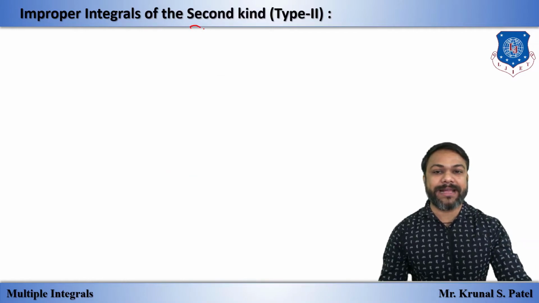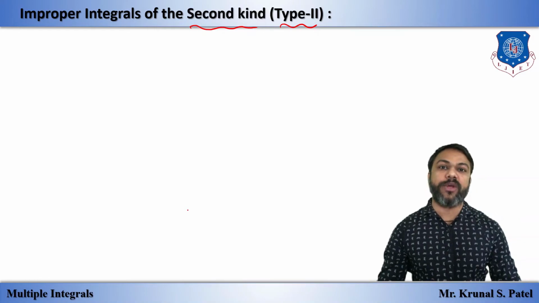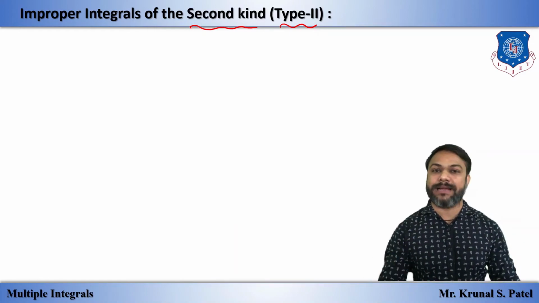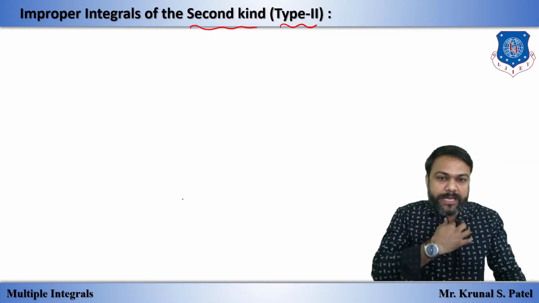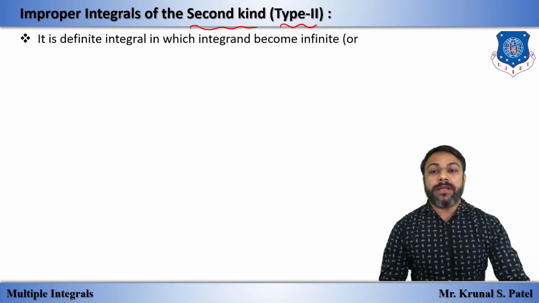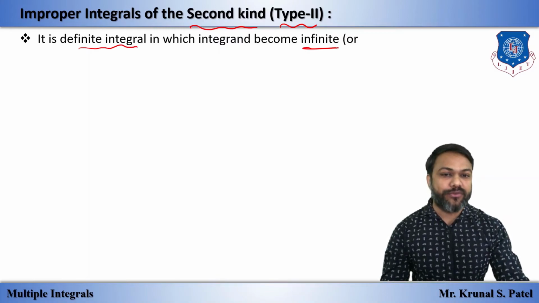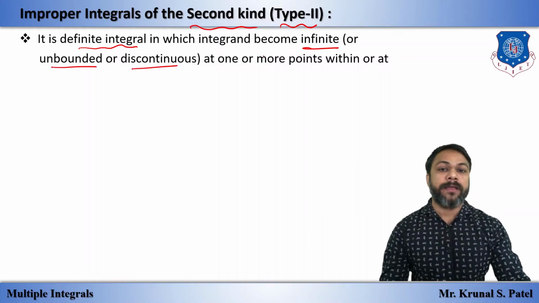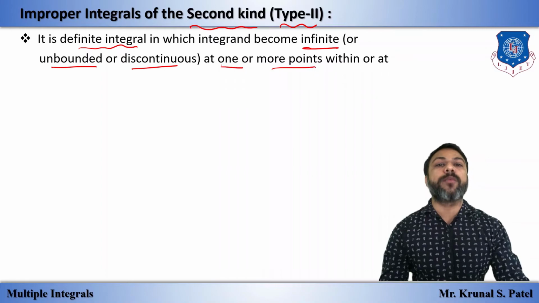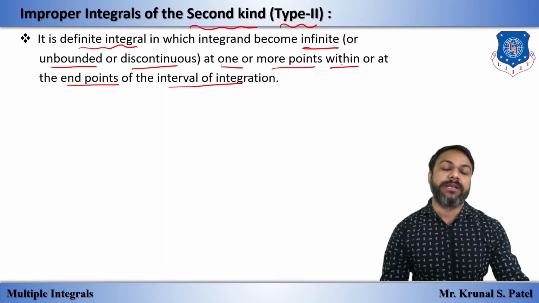Now we have second kind, that means type 2. All the process will be same, just you have to identify whether it is of first kind or second kind. Other than that, there is no change in process of example. Okay. So now, if it is a finite integral in which integrand becomes infinite, or we can say unbounded or discontinuous at one or more points within or at the end point of the interval of integration.